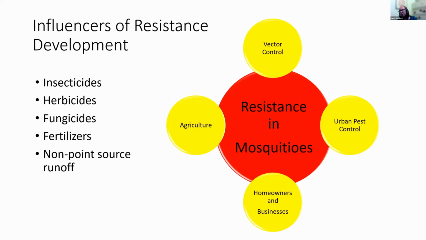All of those can influence both the development of resistance in mosquitoes and the underlying mechanisms that develop in a particular population. And also, besides just insecticides, herbicides, fungicides, fertilizers, non-point source pollution runoff, what washes off of the street into the storm drain where larval development occurs, can also influence which direction or which resistance mechanism may be selected in a particular place.